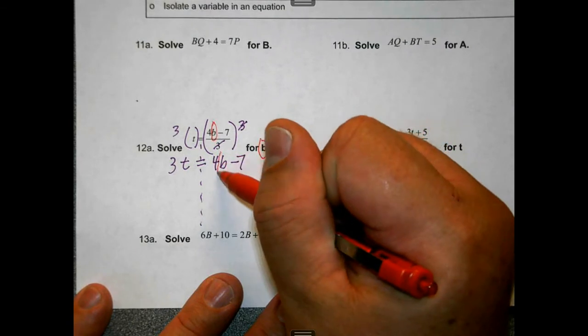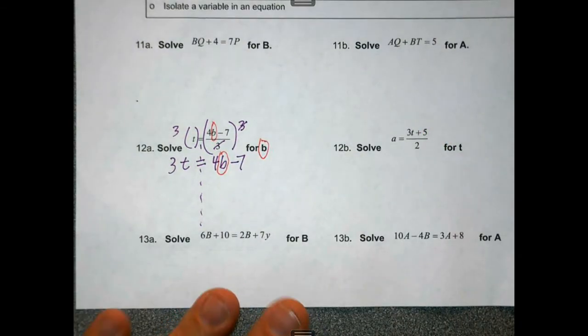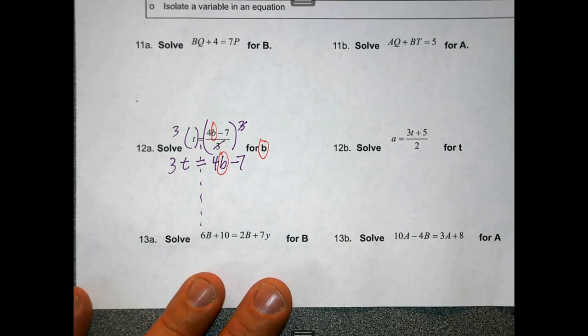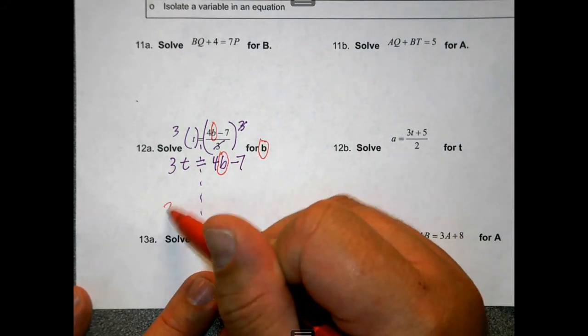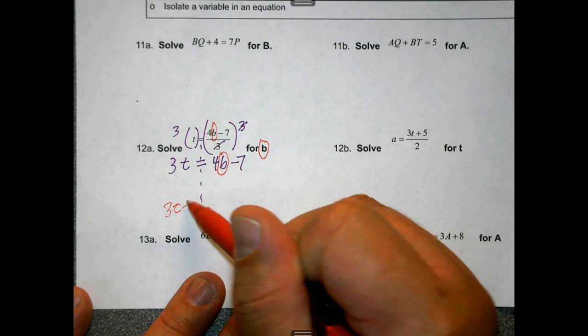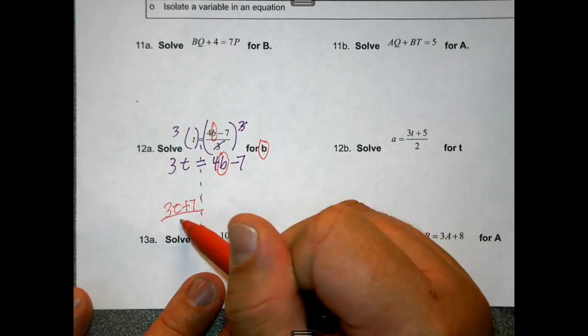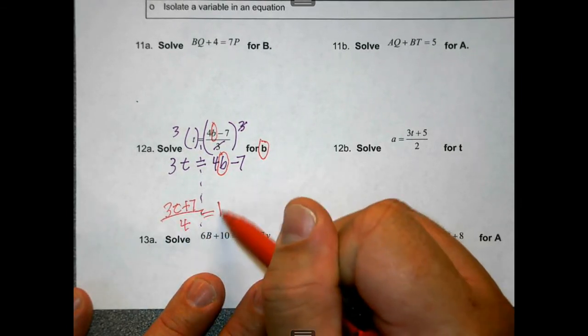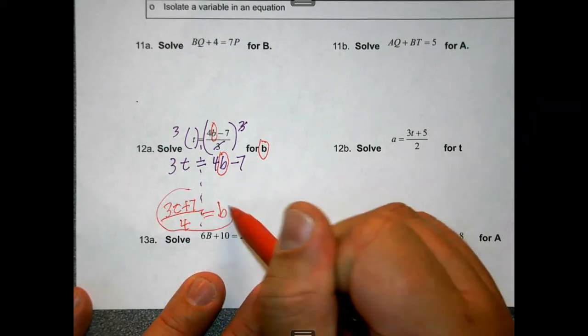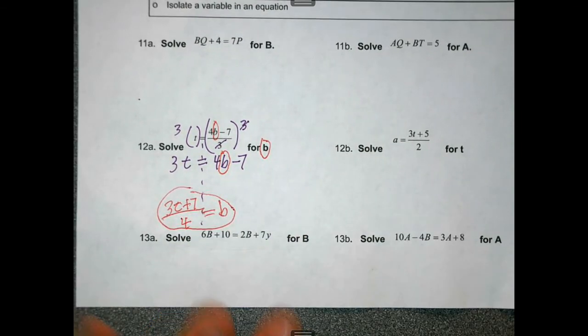Now this is actually a pretty simple problem from here, right? Add 7, then divide by 4. Your answer is going to be 3t plus 7 divided by 4. You guys can finish these steps in here.